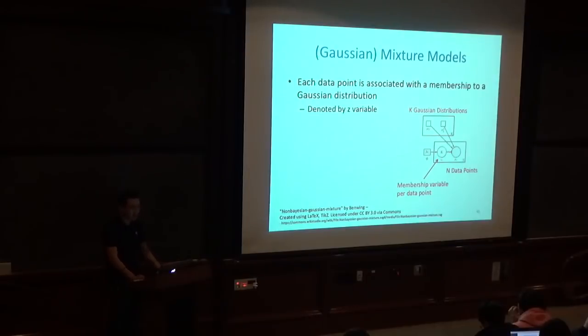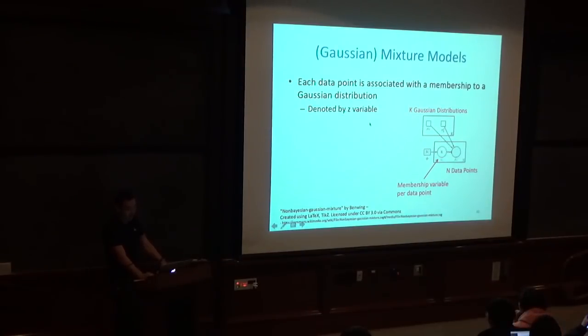There's Gaussian mixture models. This is a probabilistic interpretation of k-means clustering. Each data point is associated with a membership to a Gaussian distribution.